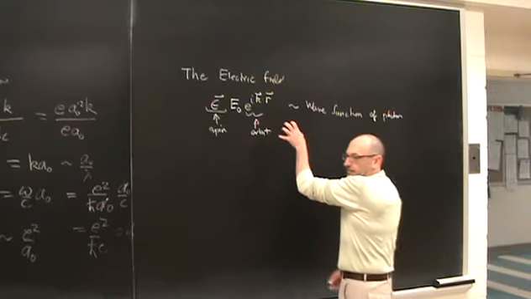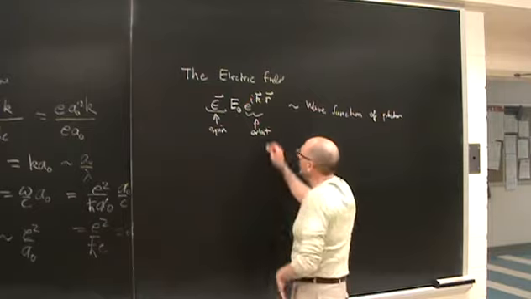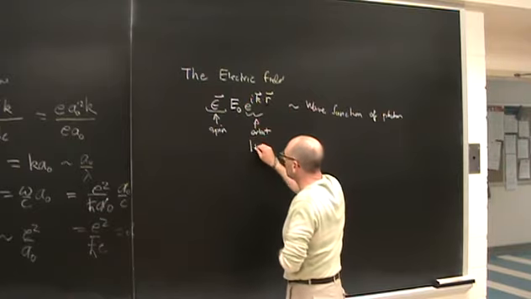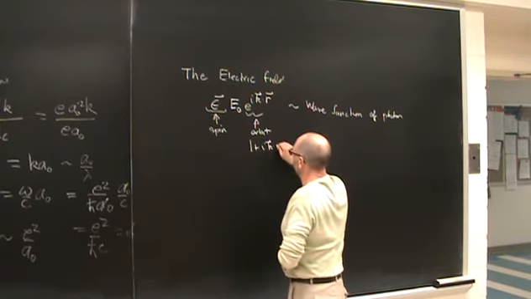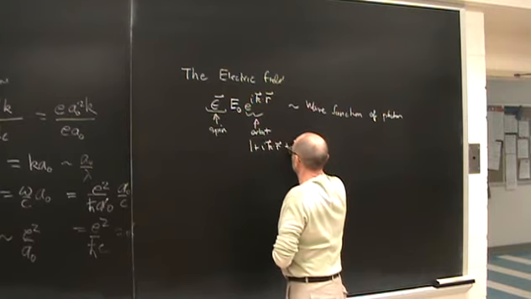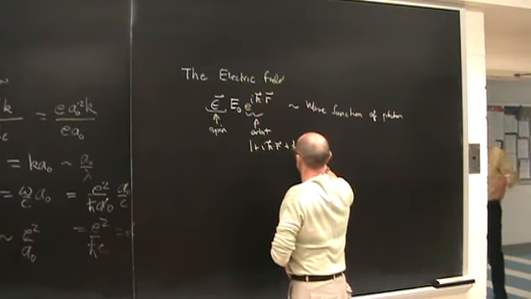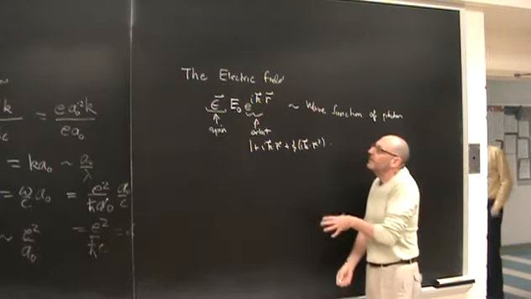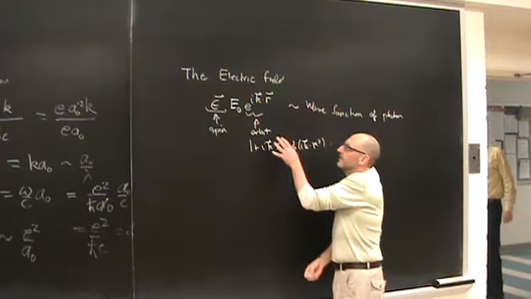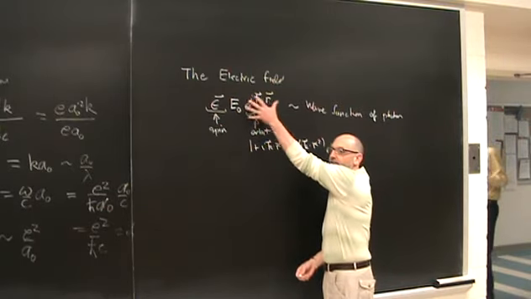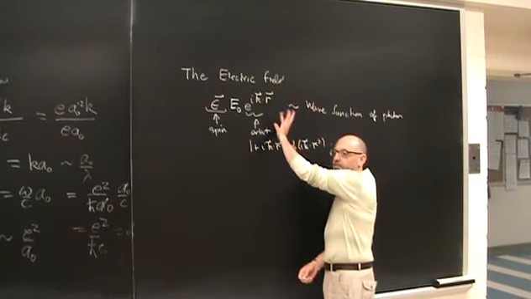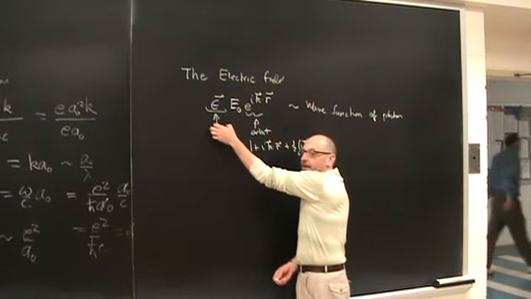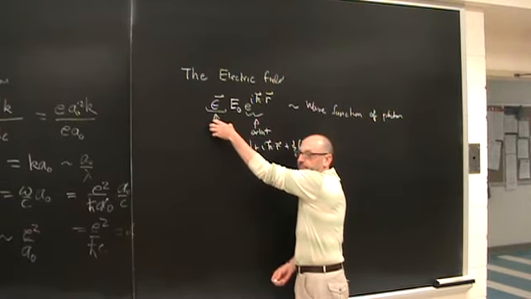This is a plane wave. If we wrote this out, this is 1 plus this plus a half, et cetera, et cetera. When we did the electric dipole approximation, we ignored any of the gradient of the electric field over this, and we just took this term, and all of the angular momentum came from the spin.